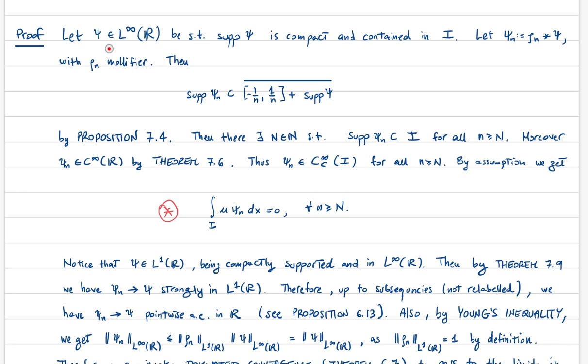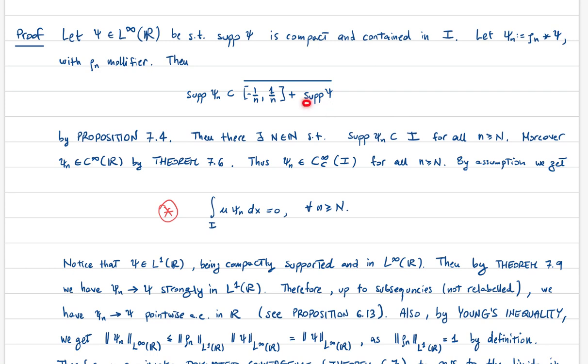Okay, let psi, capital psi, be L infinity and be such that the support of psi is compact and contained in I. And then consider psi n to be the convolution between psi and a sequence of modifiers rho n. Then by the proposition on supports, we know that the support of psi n, which is defined as a convolution, is just contained in this set here. So this is the support of the modifier rho n, and this is the support of our function psi.